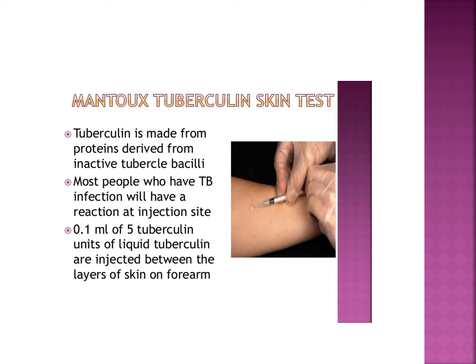So simply the PPD antigen is inserted, 0.1 ml of 5 tuberculin units, and as you will see in another slide, you will see the reaction, and according to the reaction and the size of the reaction in the form of a few vesicles or pustules, you have a set criteria to suspect or confirm the diagnosis of Mycobacterium tuberculosis.